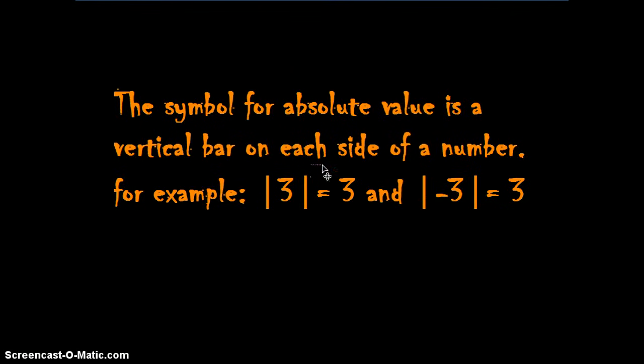So you would say the absolute value of 3 equals 3, because 3 is 3 units away from 0. And again here, the absolute value of negative 3 is 3, because negative 3 is 3 units away from 0. So it has an absolute value of 3.